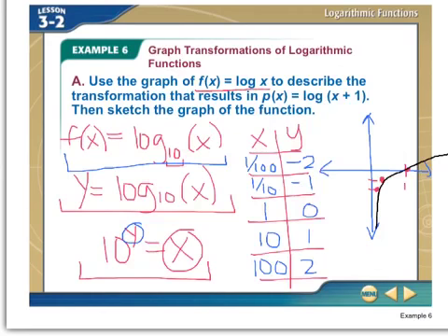We know the logarithmic functions are in quadrants 1 and 4. That is, of course, until we start translating them. And if we start translating the functions, then we can shift outside of quadrants 1 and 4. So what we want to look at is what is happening when we start adding 1 to x. Notice my logarithm still has a base of 10, but now we're adding 1 to x.